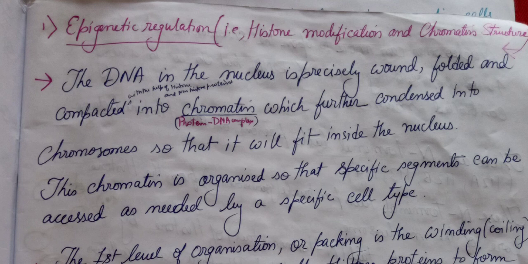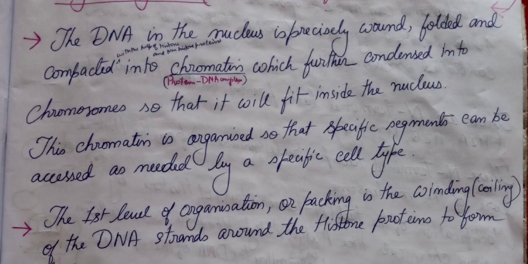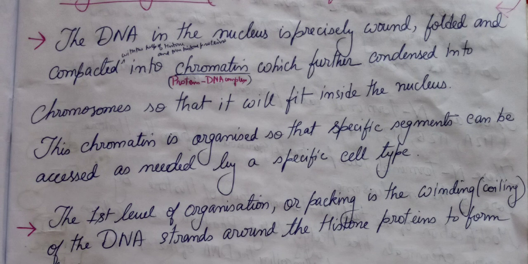So this chromatin is organized so that specific segments can be accessed as needed by a specific cell type.